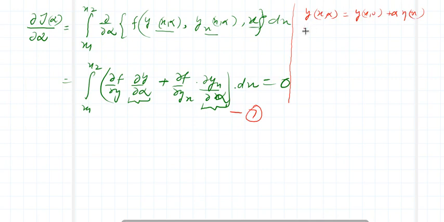Let us take its partial derivative with respect to alpha. The first term is independent of alpha, so it will be 0, plus 1 into eta x, so it is simply eta x, right? And then I need to calculate the partial derivative of y' with respect to alpha.